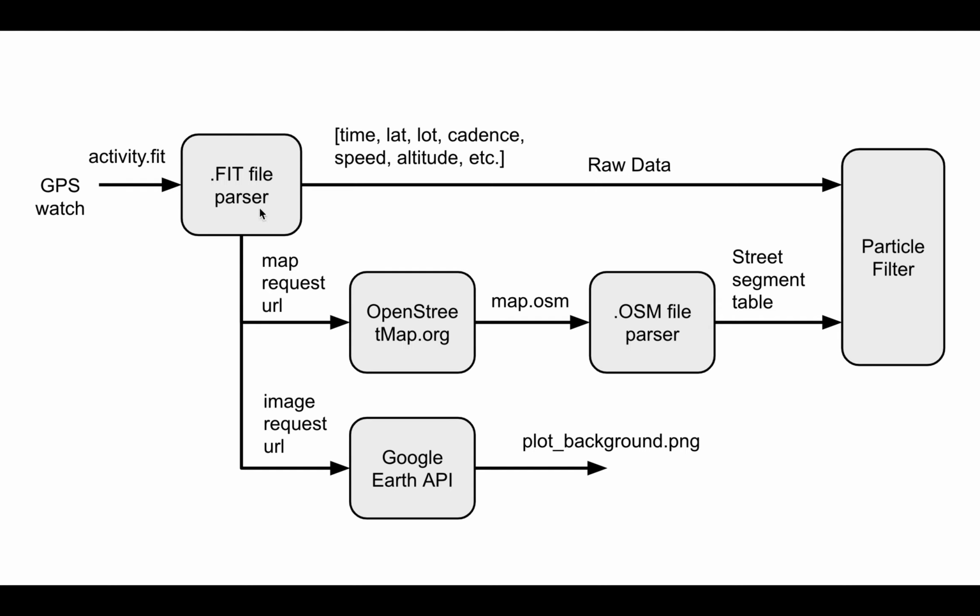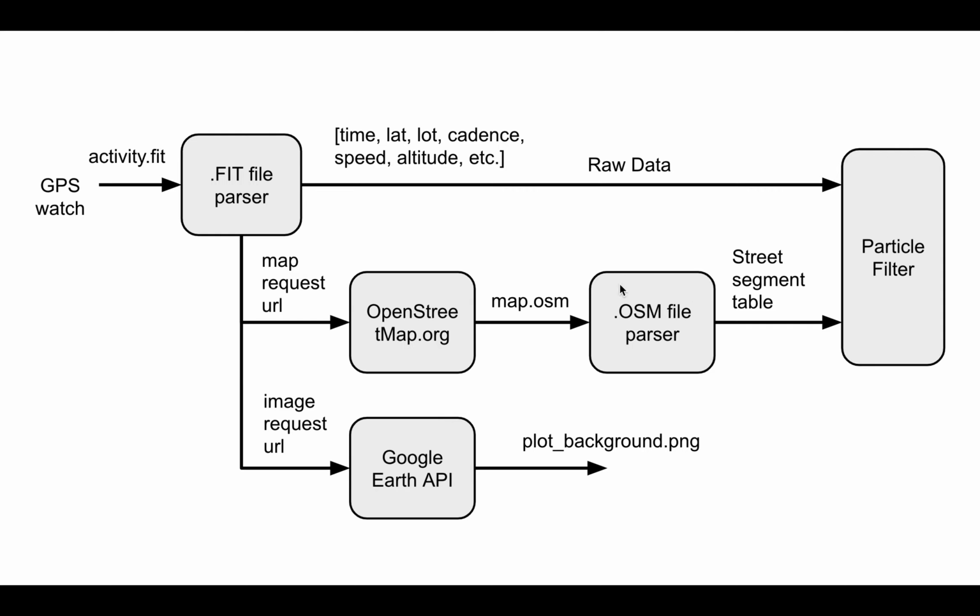One of the outputs of the fit file parser is a map request URL, which is used to download an OSM file from openstreetmap.org. This OSM file has lots of information about the location of streets and other features and buildings in the requested region.